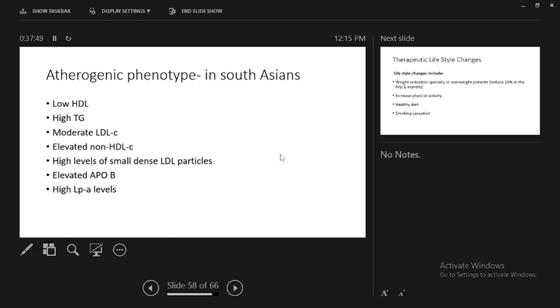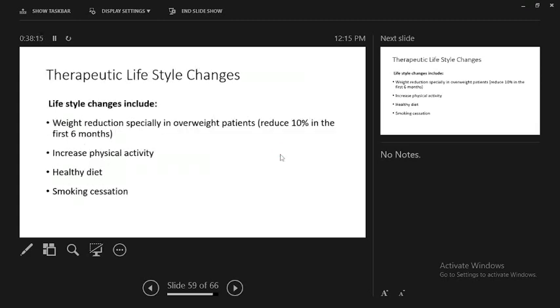We have low HDL, high triglycerides, moderate LDL-C, elevated non-HDL-C, high levels of small dense LDL particles, elevated ApoB, and also high lipoprotein(a) levels. So do not think that we have the same risk as our Western counterparts. We have more risk than them, with the atherogenic phenotype.